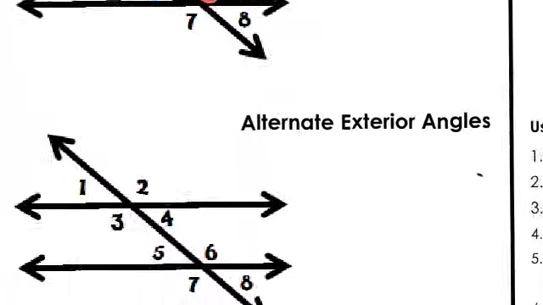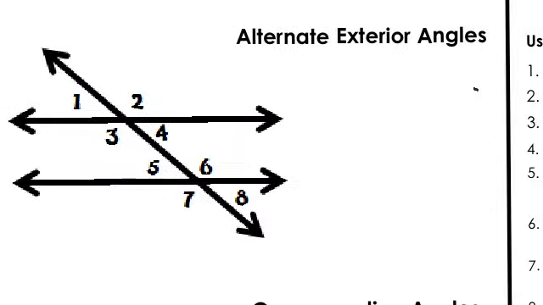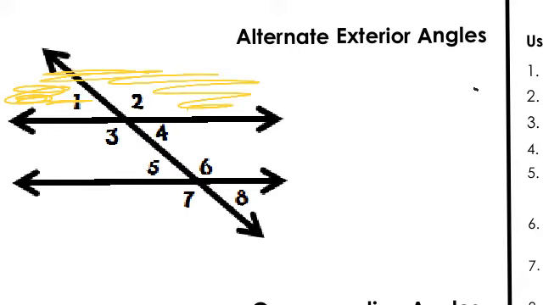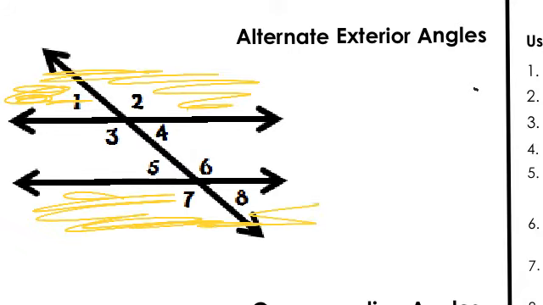All right, let's look at alternate exterior angles. Exterior is the space outside the parallel lines. Exterior angles include angles 1, 2, 7, and 8. If we're looking at alternate exterior angles, we're looking at angle 2 and angle what?